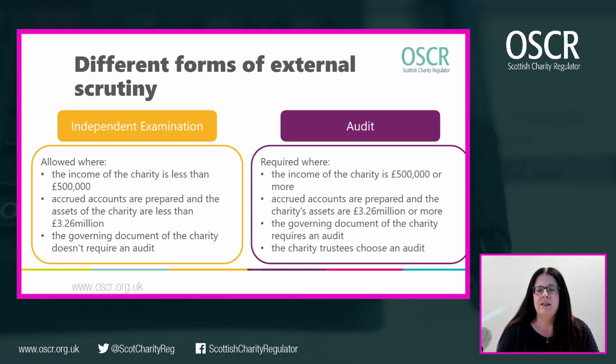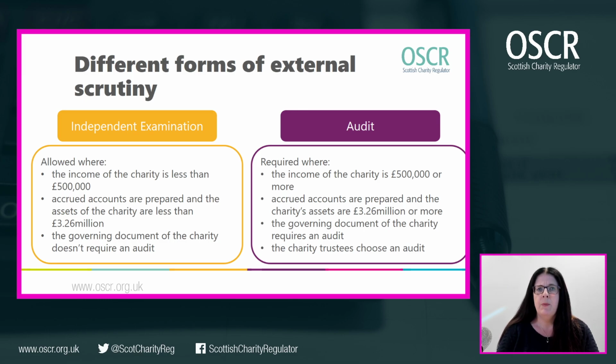Independent examination is the one we're going to cover first. Independent examination is permitted where the income of the charity is less than £500,000, and that means that the vast majority of charities in Scotland are eligible to have an independent examination.